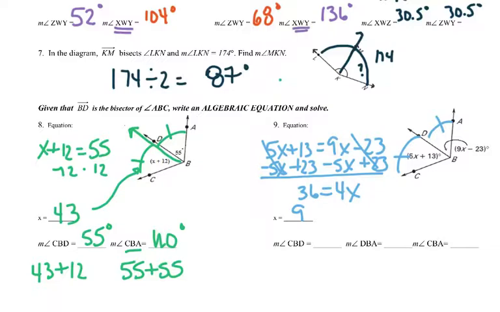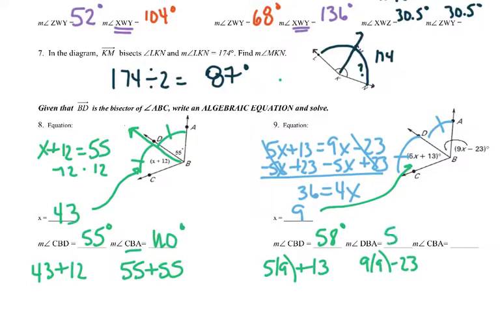I've got to take that 9 and plug it back in. So here 5 times 9 is 45 plus 13 is 58 degrees. 9 times 9, 81 minus 23, also 58 degrees. And then CBA is my big angle, 58 plus 58 is 116.